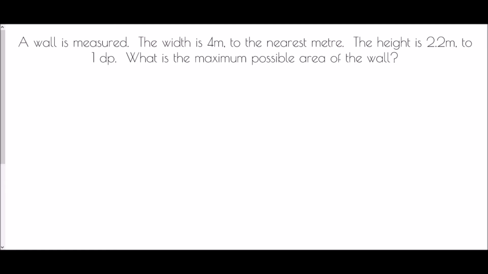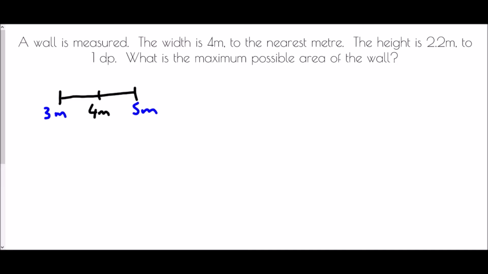Well, the first thing we need to think about here is the width. So the width is 4 meters, but that is to the nearest meter. So I need to think about first, what values could that have been? I'm just going to create a little number line. Because it was the nearest meter, that will give me 3 meters on one side and 5 meters on the other side.